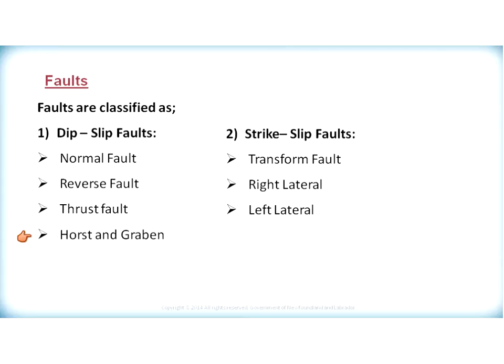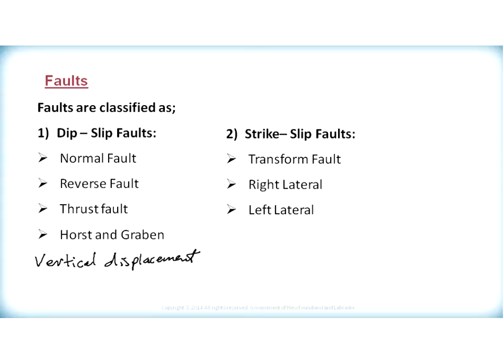When we look at all 4 of these examples, we will notice that we have vertical displacement. So when we look at all 4 types of dip-slip faults, there will be some vertical displacement of the rocks.